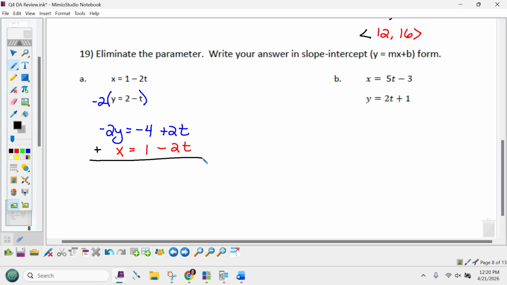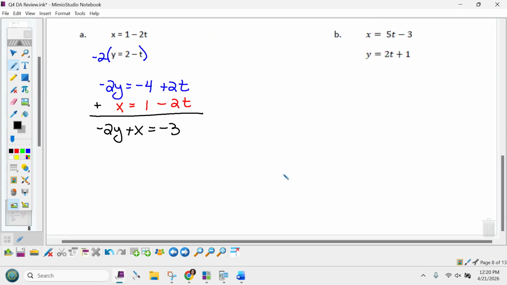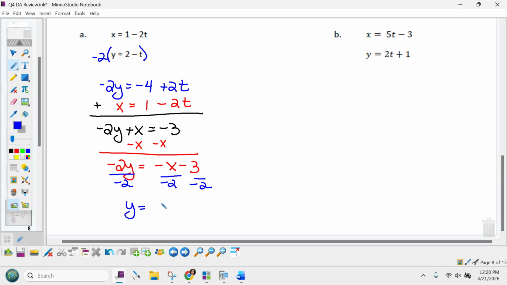So we're going to add these together. Okay, so we've eliminated the parameter, but now we have to write this in slope-intercept form, which means isolate the y. So we're going to subtract x from both sides. And we're going to divide every single piece by negative 2. So we get y equals positive 1/2 x, because there's the invisible 1 here, plus 3 over 2.